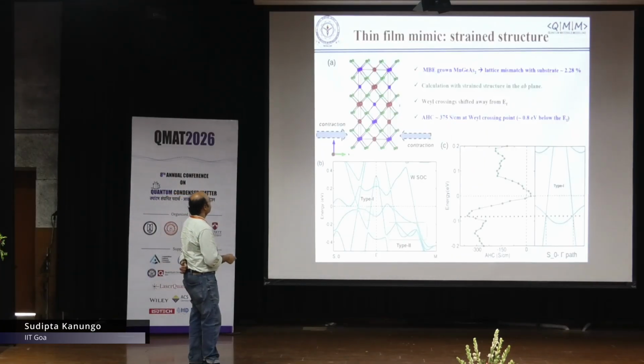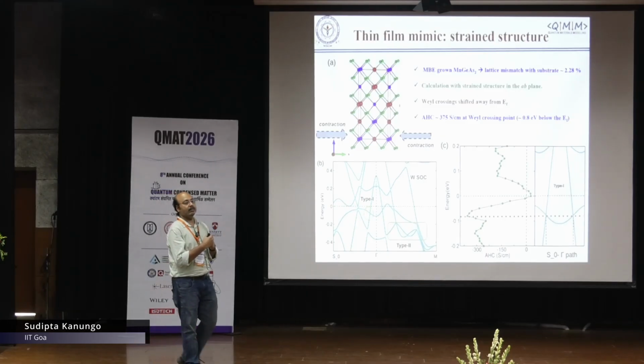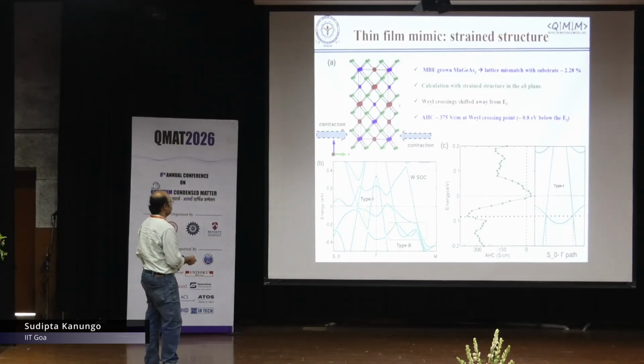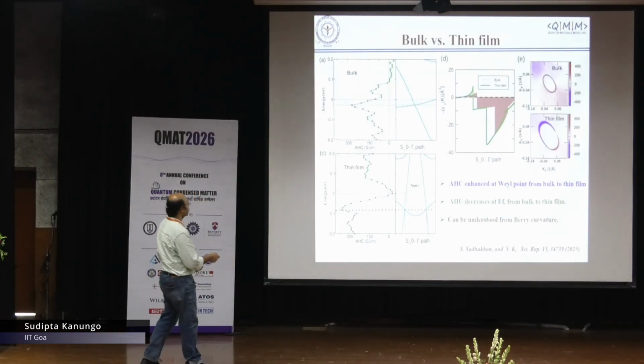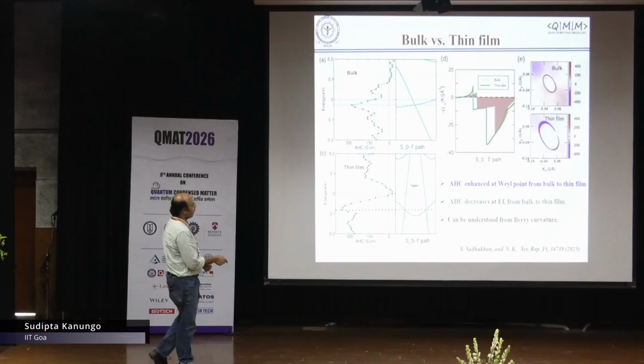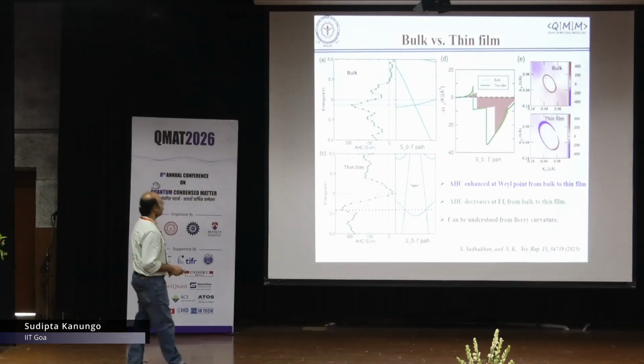Interesting point is that if we strain the geometry by mimicking the thin film situation, we can enhance the anomalous Hall conductivity, which is also shown here. Comparing bulk and thin film version, we enhance the anomalous Hall conductivity, which is due to the enhancement of the Berry curvature in the momentum space.